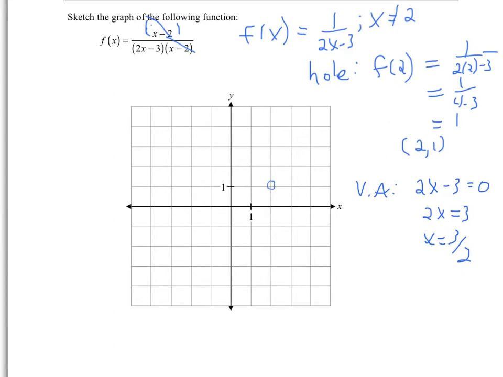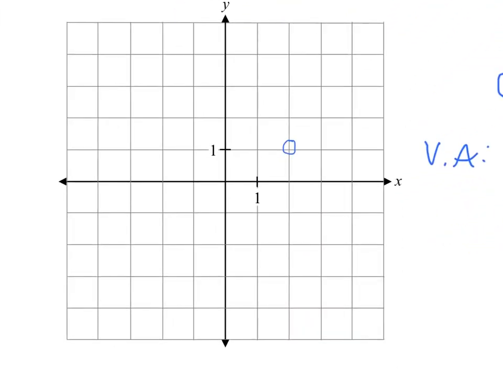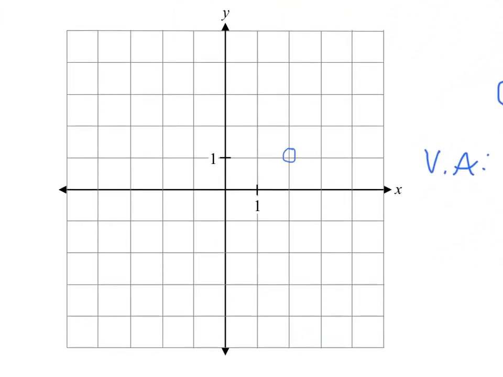So I'm going to go ahead and draw that. x equals 3 over 2 is 3 divided by 2, which is 1.5. So 1.5 will be about right here. Then we draw our dashed vertical line all the way through, and when we're drawing our curve, we're mindful to follow asymptotic behavior.